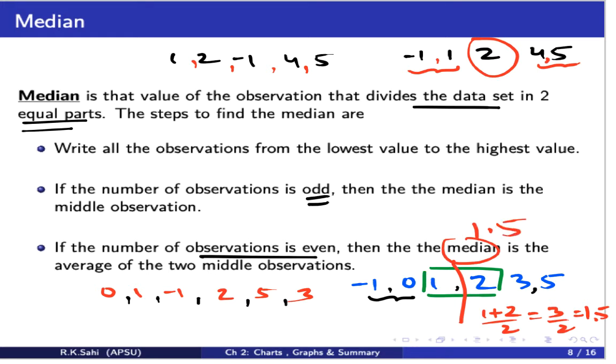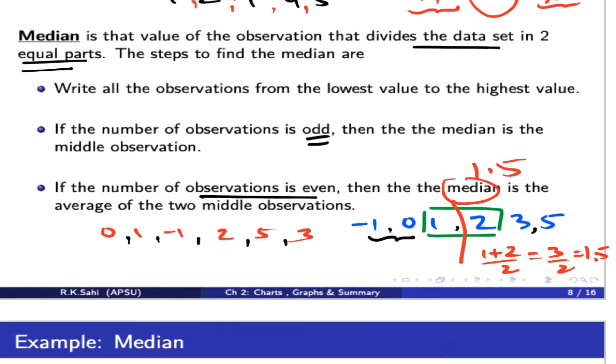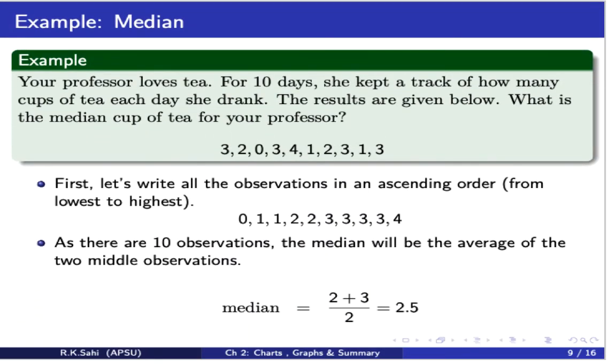Okay, let's go back to your professor's example. As we said, your professor loves tea. For 10 days she kept a record of it, and we'd like to know what is the median cup of tea your professor has. Once again, we're going to write down the observations in ascending order, as there are 10 of them, to see where the middle value is.